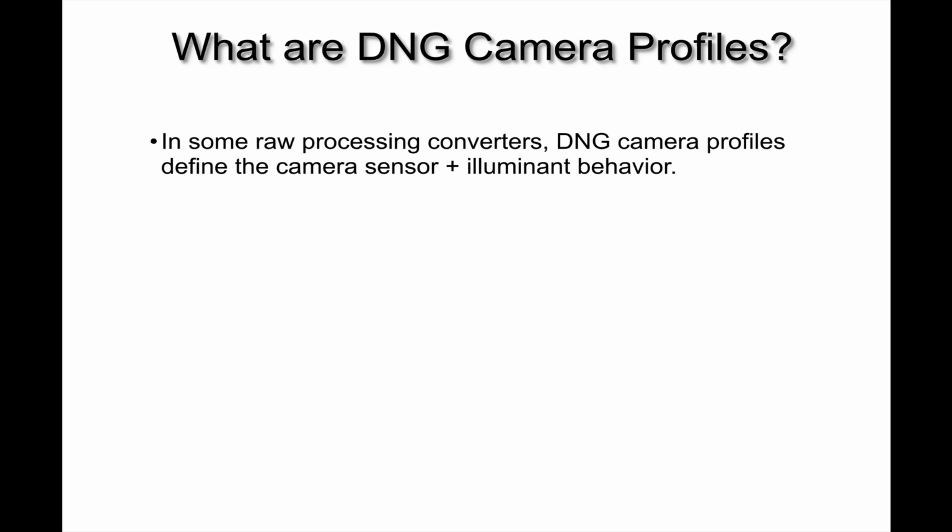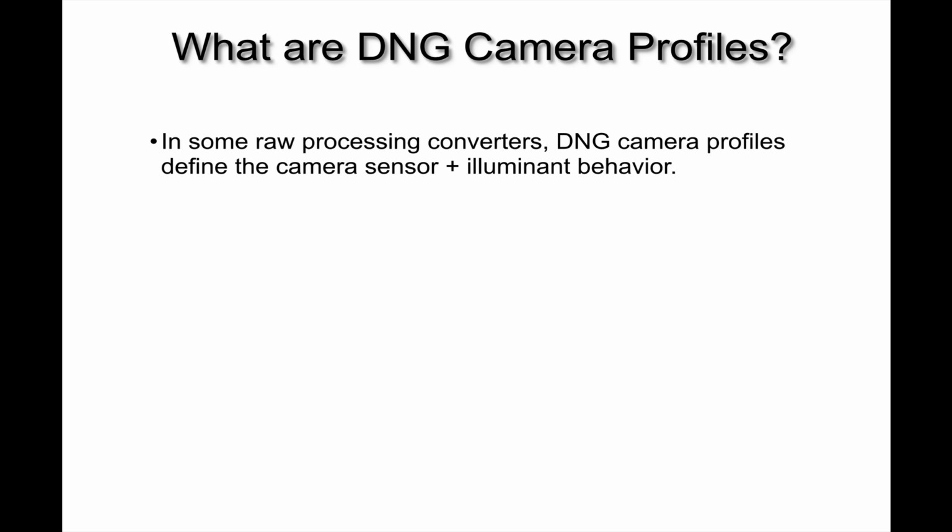So before we go into Lightroom, Camera Raw, and so forth, we'll go through a few slides so that we're up to speed. Basically, what are DNG camera profiles? In some RAW processing converters, the DNG camera profiles are used basically to define the camera sensor, your specific camera sensor, and the effect of the illuminant that you're shooting under on that particular sensor.